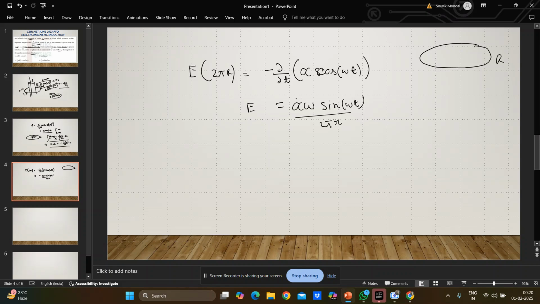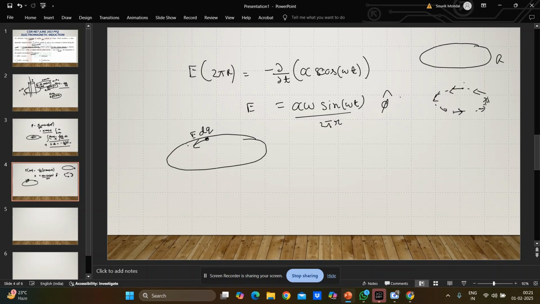And what is the direction of this E? The direction of E is phi hat, so E is just in the circular direction. Suppose this is the direction of E, so E goes along this. Now suppose this is the circular loop, and this is a small element dq, and the force on this dq is E into dq.